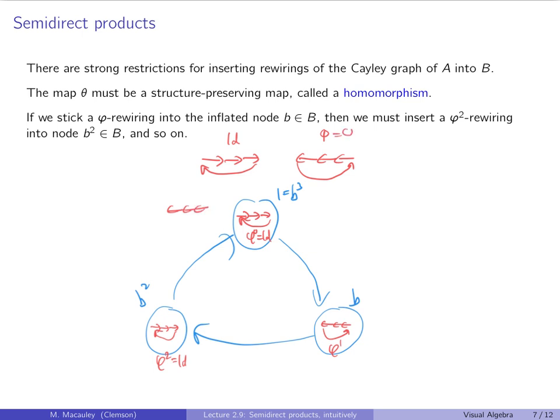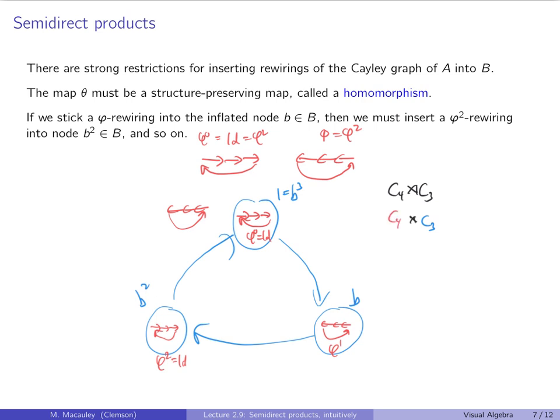So notice this is phi cubed, and this is phi squared, and phi to the 0. So that means we have to stick this rewiring in here, but now we have a contradiction because we have two different rewirings that have to go in here. So this homomorphism condition is going to prevent there from ever being a semidirect product between C4 and C3. Maybe I should write this as C3 for the balloons and then C4 here.